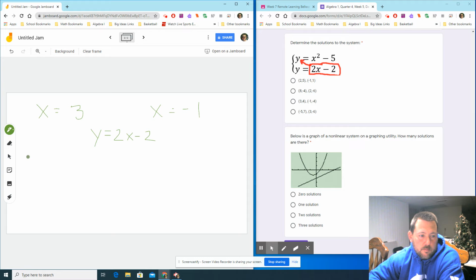So y will equal 2 times 3 minus 2. And then our other y value will be 2 times negative 1 minus 2. Okay, clean this 2 up there. So that's 6 minus 2, so we get y is equal to 4. And over here we get negative 2 minus 2, negative 4.